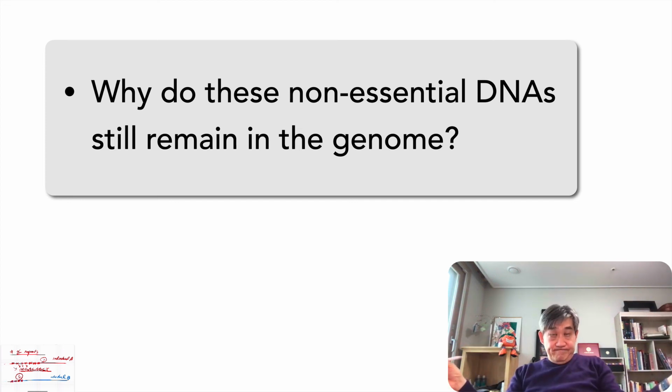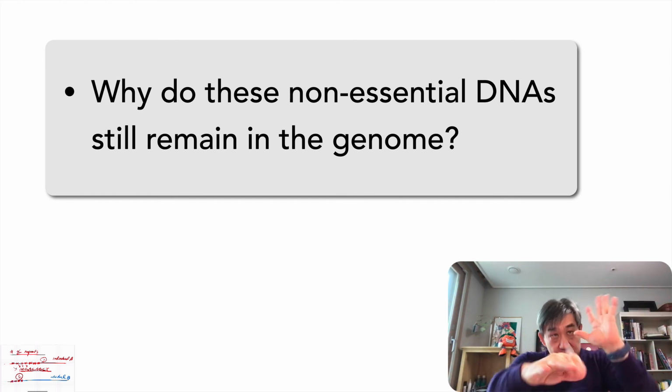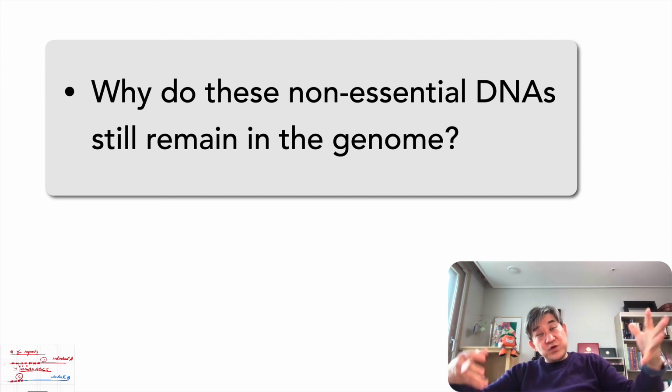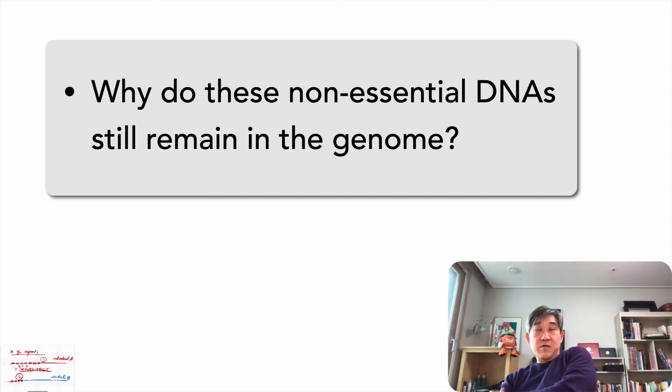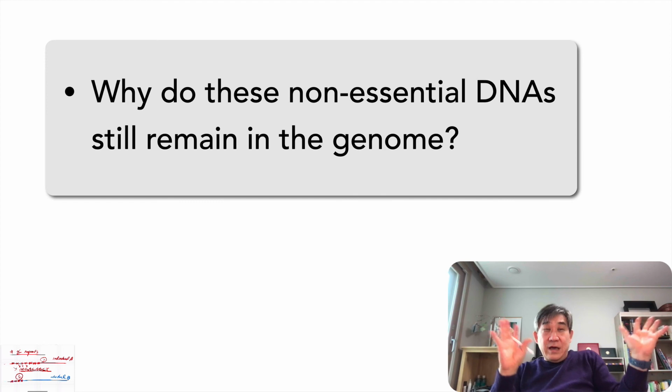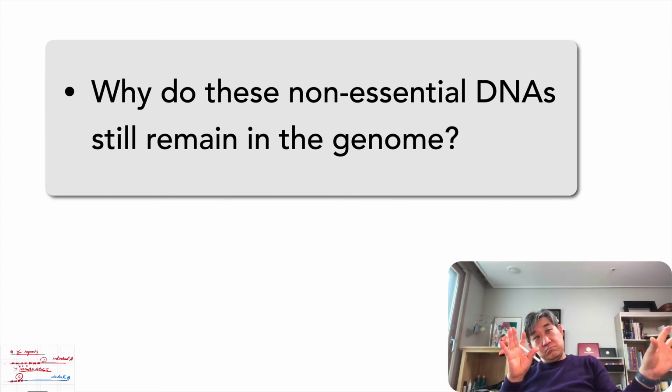Before we jump into more, one might immediately ask: why do we have such non-essential DNA, which is very vulnerable or prone to sequence variation? We still carry this area even though, after all, it doesn't have any function.